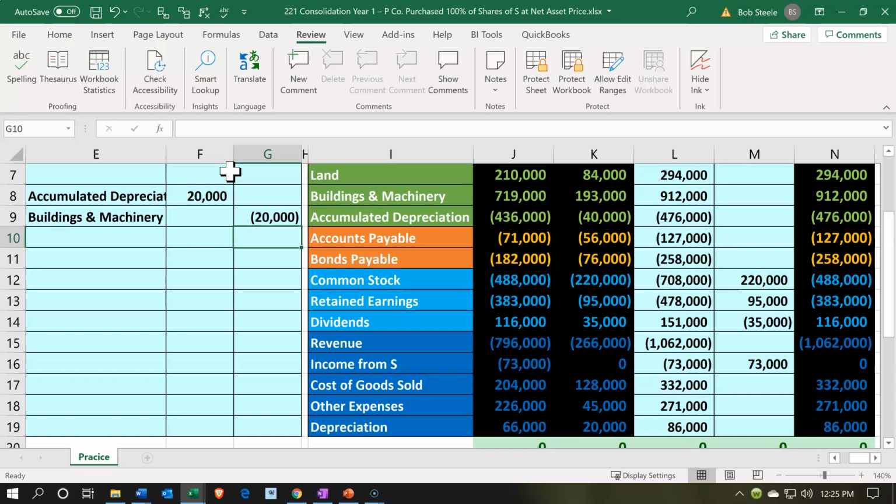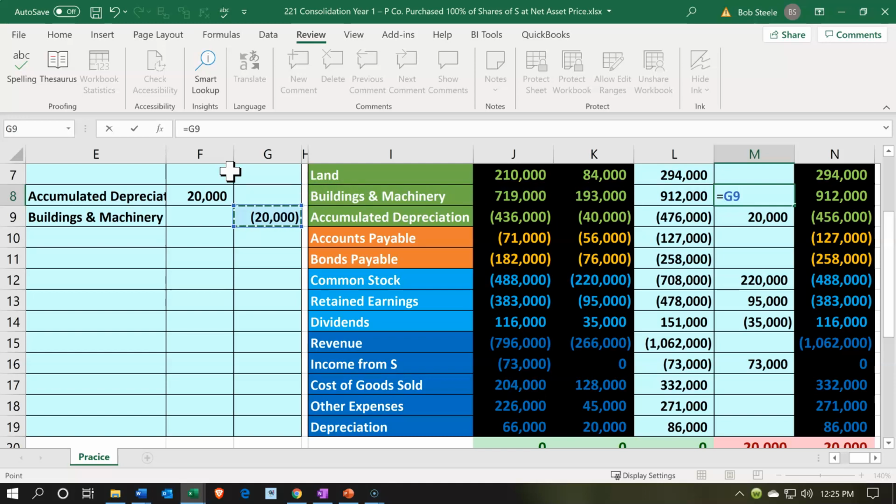So now if we post this out, what's it going to do? The accumulated depreciation is going to go back up. It's a contra account. It's got a credit balance in it. It's going to go back up by that 20,000. And then the building and the machinery is going to go down by the 20,000.